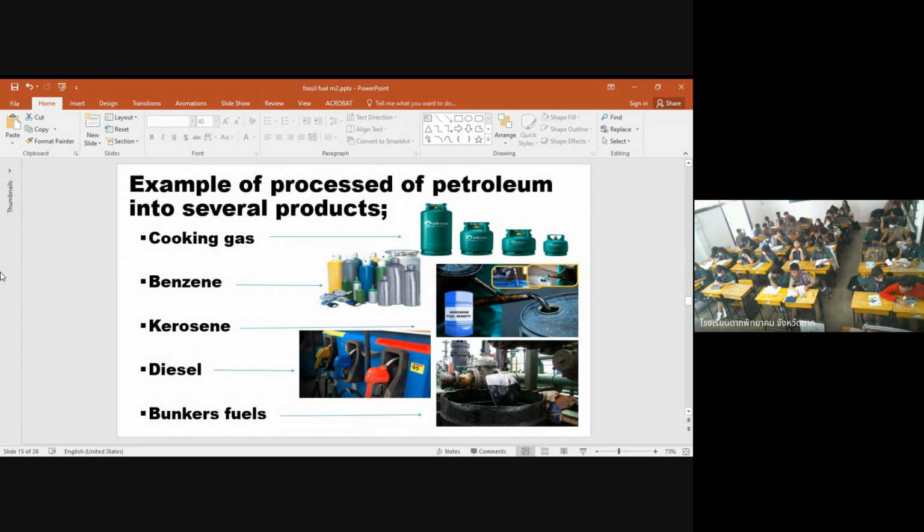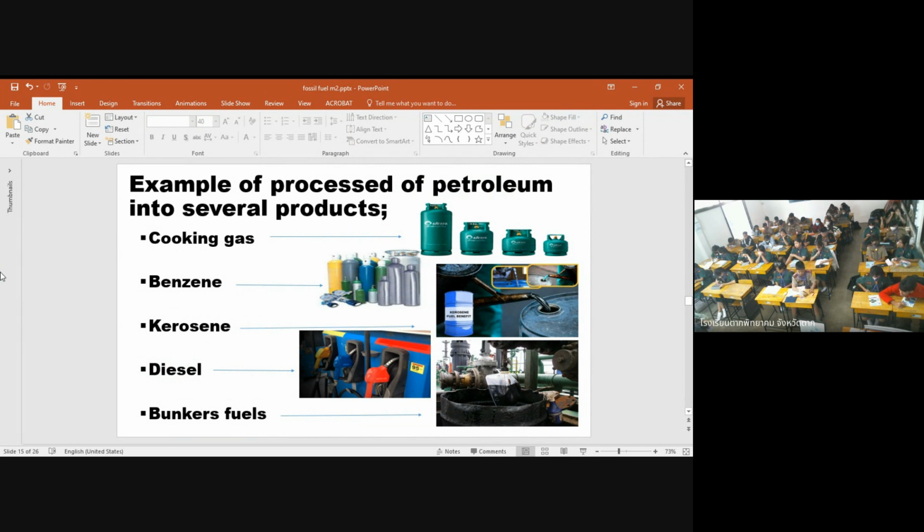And your kerosene, this one is used in airplanes. Do you know what airplanes use? Yes, they use kerosene. And of course, diesel for your car or truck.